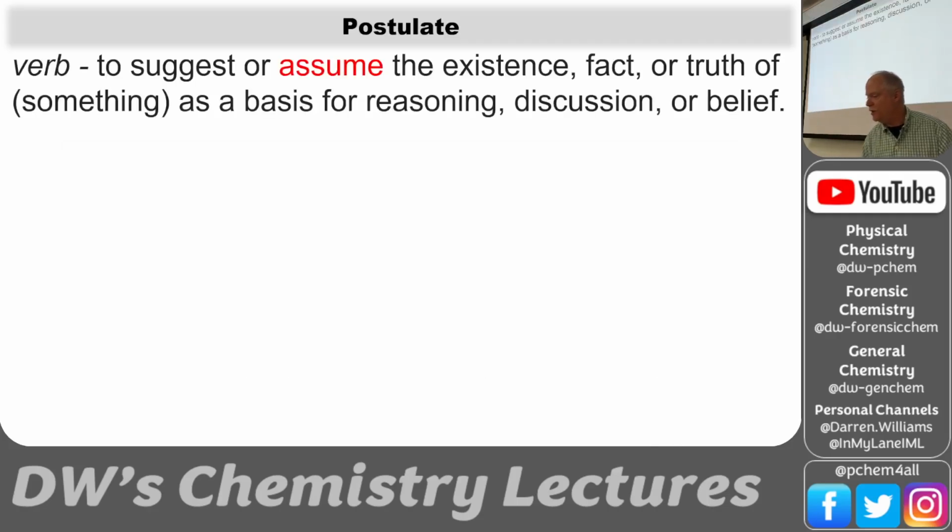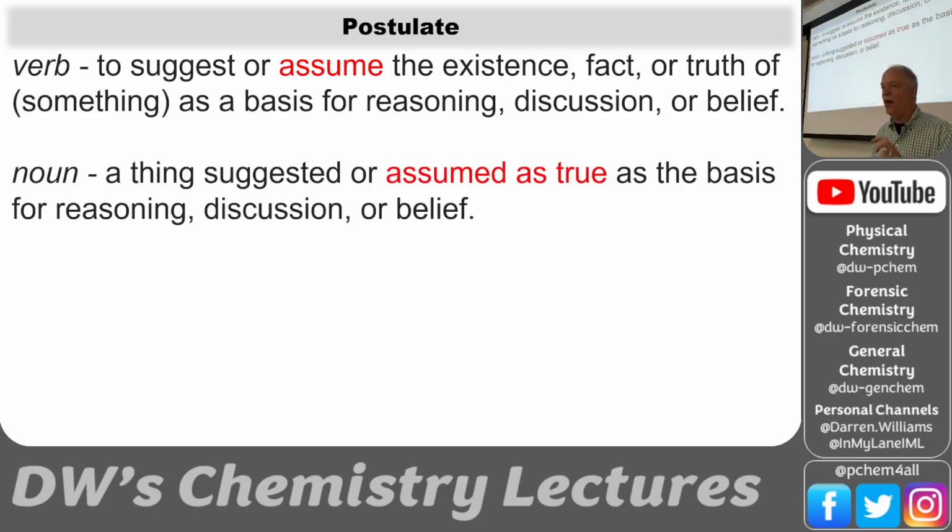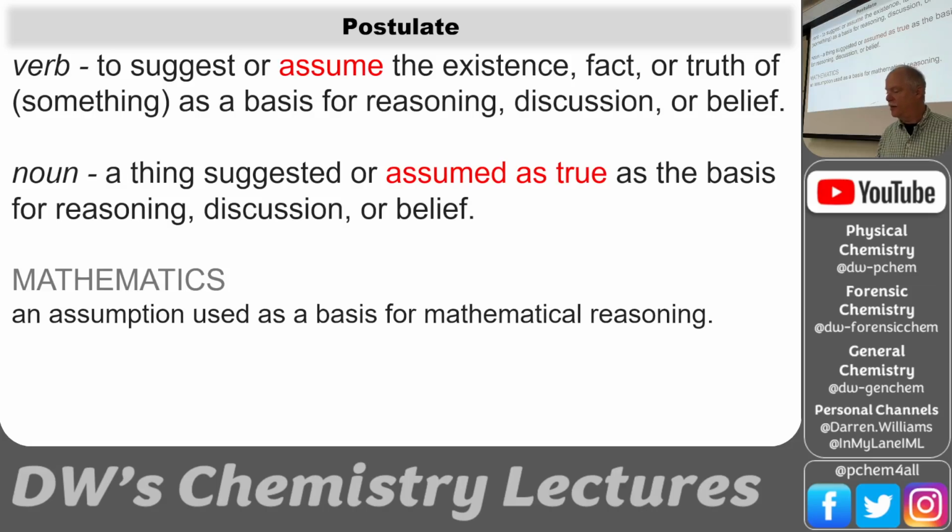A postulate, you could use it as a verb, to postulate something. That's to suggest or assume the existence, fact or truth of something. Or it could be a noun: things that are assumed to be true as a basis for reasoning or discussion. These are the foundational assumptions for quantum mechanics. In mathematics, it's a similar thing, an assumption used as the basis for mathematical reasoning.